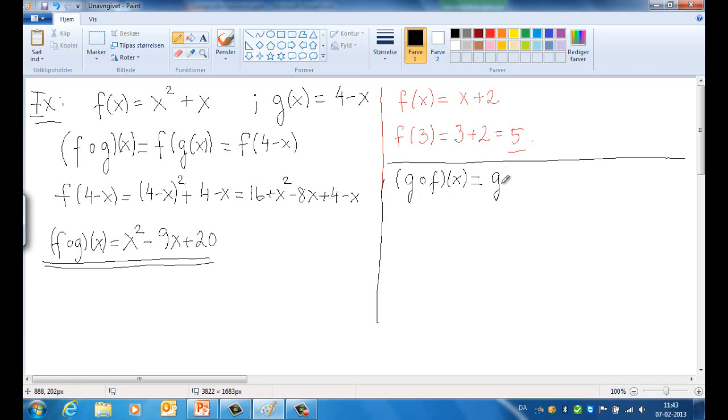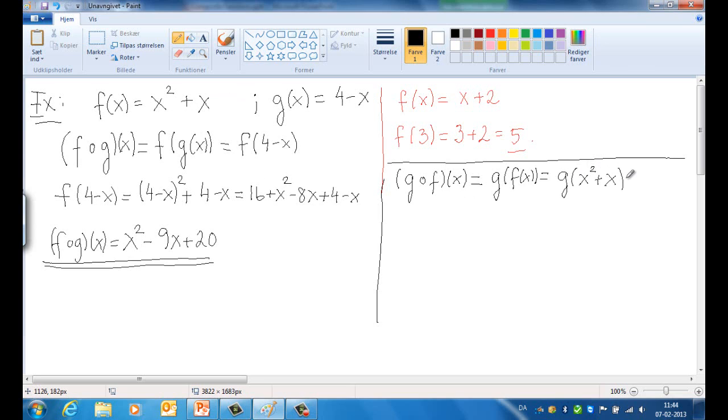So that must be equal to g of f of x, and since f(x) is defined by x squared plus x, that must be the same as g of x squared plus x.